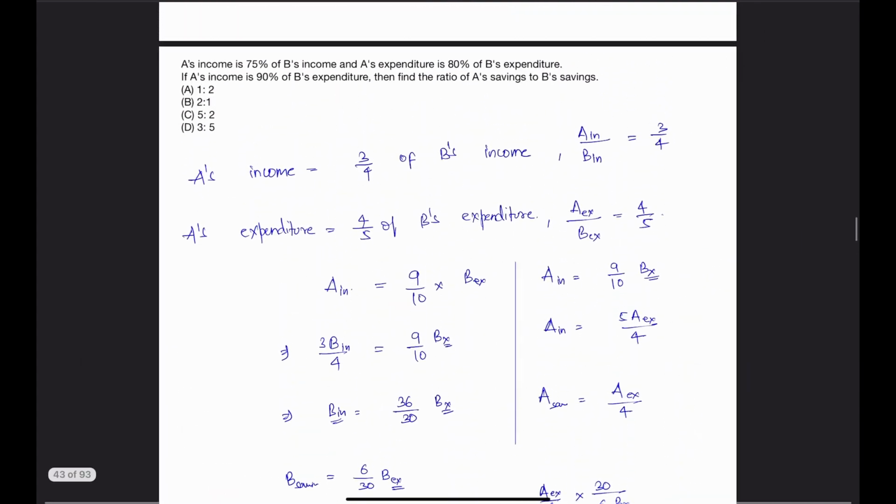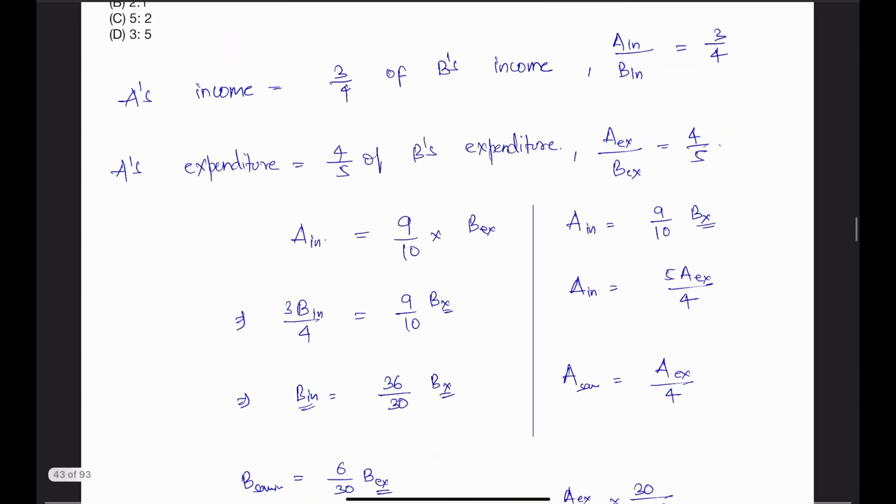But I don't think 1 is to 1 is the right answer. 1 is to 1 is wrong. I made some mistake somewhere.